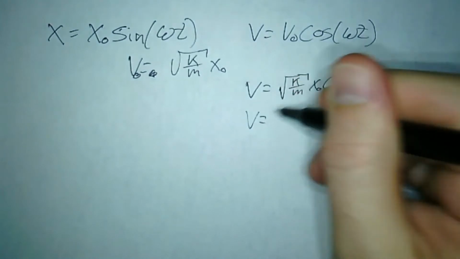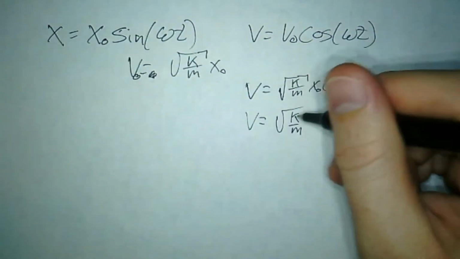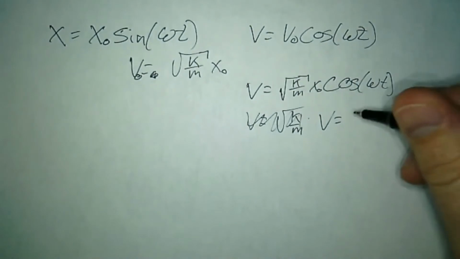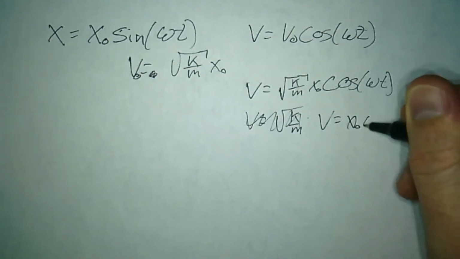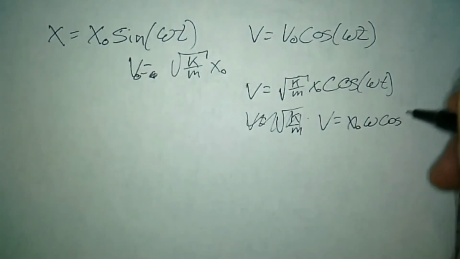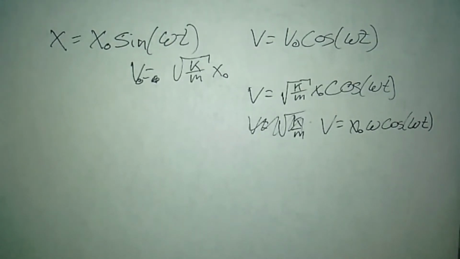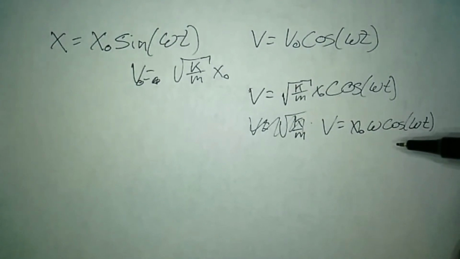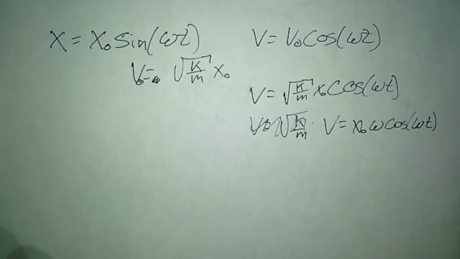So I can say v equals square root of k over m, or I just wrote it again, v equals x naught omega cosine omega t. And then now, this is the point I was going to make. I kind of got sidetracked.